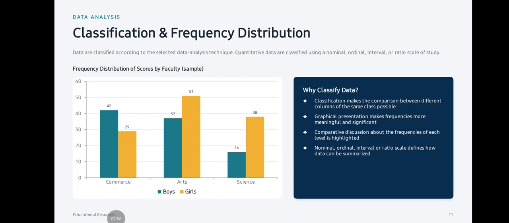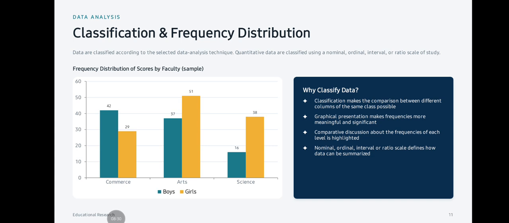The classification and frequency distribution. You can see the map frequency distribution of course by faculties. Regarding boys and girls, in the subjects commerce, arts and science, data are classified according to the selected data analysis technique. Quantitative data are classified using a nominal, ordinal, interval or ratio scale of study. Why classify data?